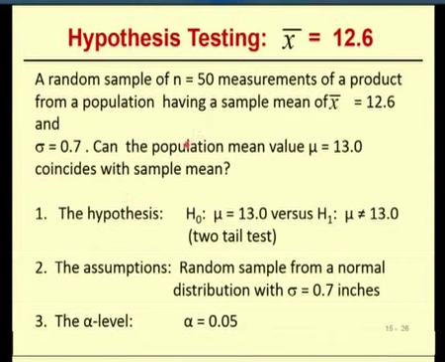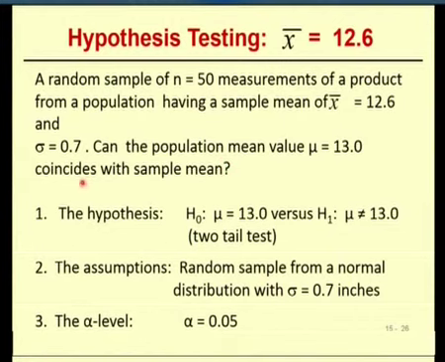That is what we are going to compare here, whether the population mean is equivalent to the sample mean or not. As I told you, you need to frame the null hypothesis, and the hypothesis here is H0: mu is equal to 13 versus H1: mu not equal to 13. We do not have any indication of single tail or two tailed in the question. You need to find out whether it is a two tailed test or a single tailed test.